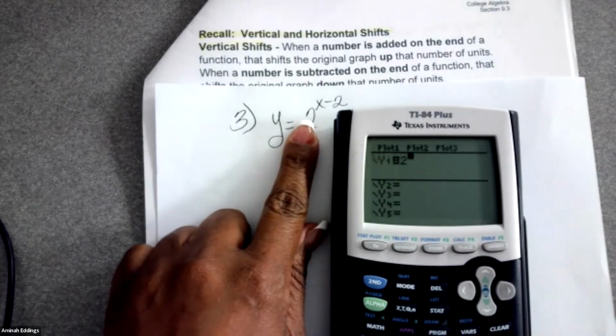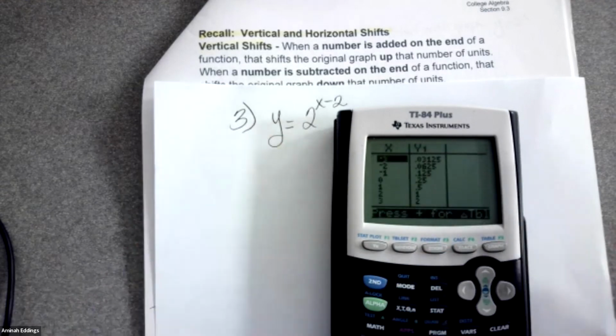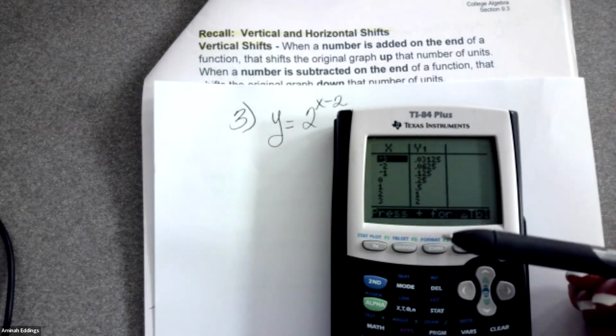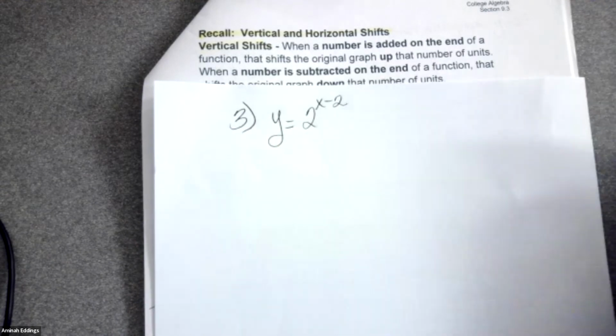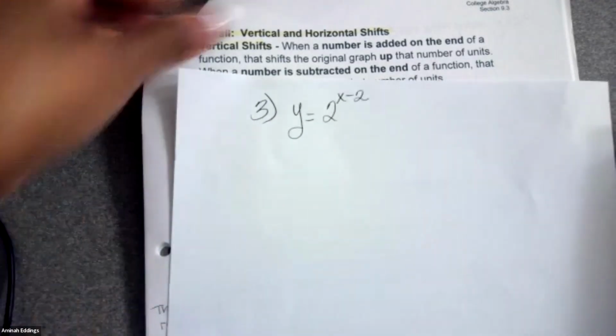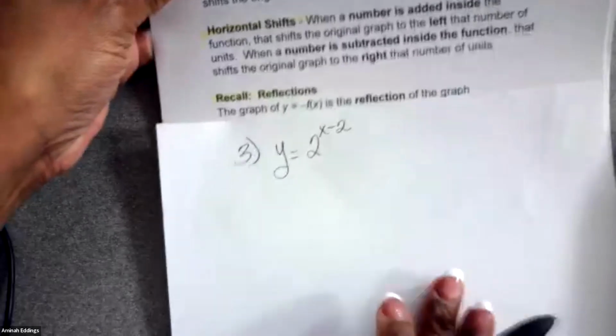So 2 to the x minus 2 power. And then we would go to our table and plot some points, okay? And then create our graph. Now, on your assignment that is in My Math Lab, I want to show you how to do that as well. But before we do that, let's talk about the transformations that occur.